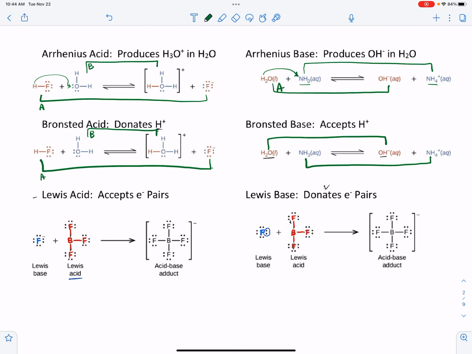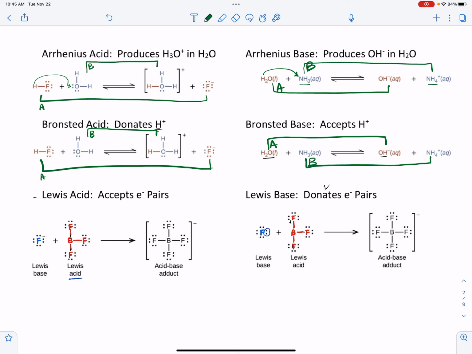That's my acid. The one that's accepting is my base. Over here, that's my donating, and then that's my accepting. So all these are acid-base reactions, basically. The products are always the ones that are called conjugates. So you don't ever put a conjugate in front of one of the ones on the left. It goes on the right.